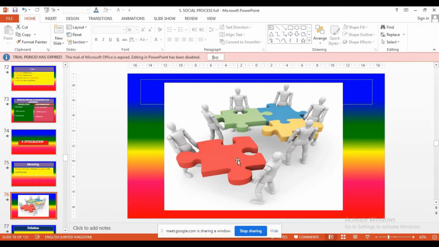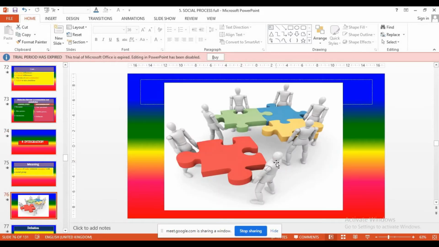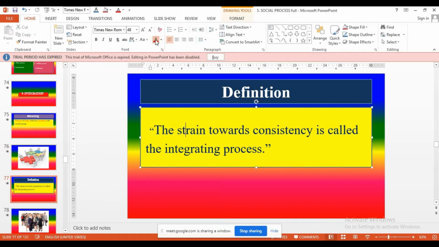Look at this integration. Definition: strain towards consistency, called integrating process.